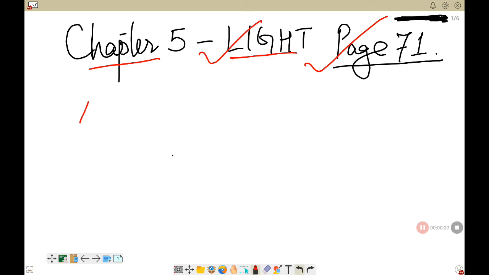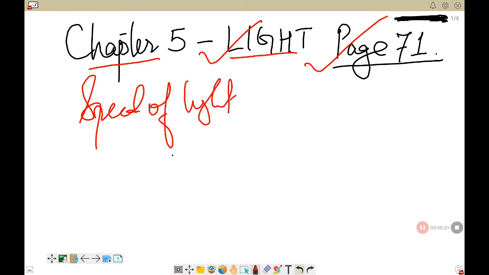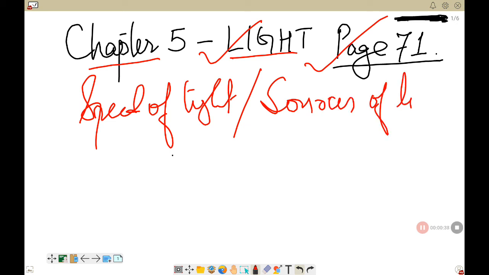We have learned about the speed of light. Then we learned about sources of light. So these are all your recalls. I'm just recalling the topics that we have already discussed.